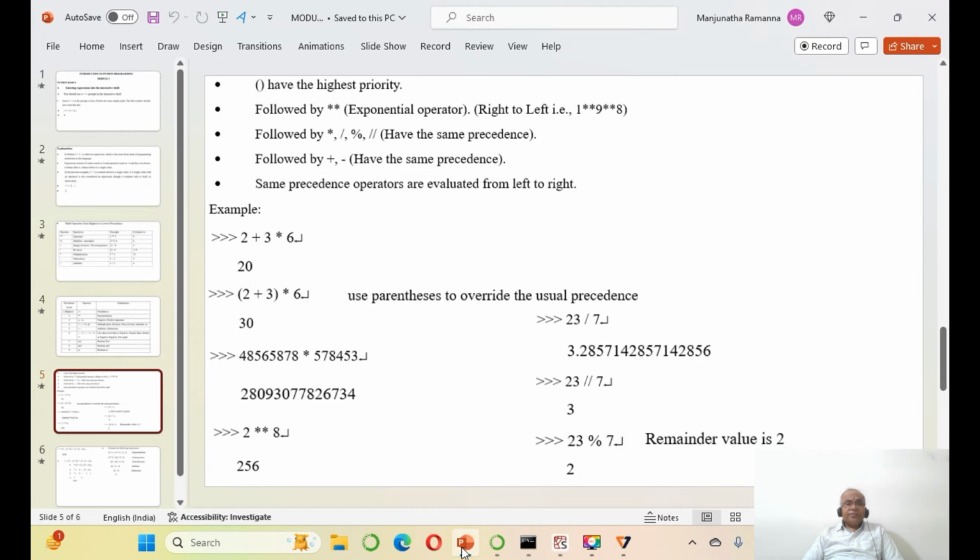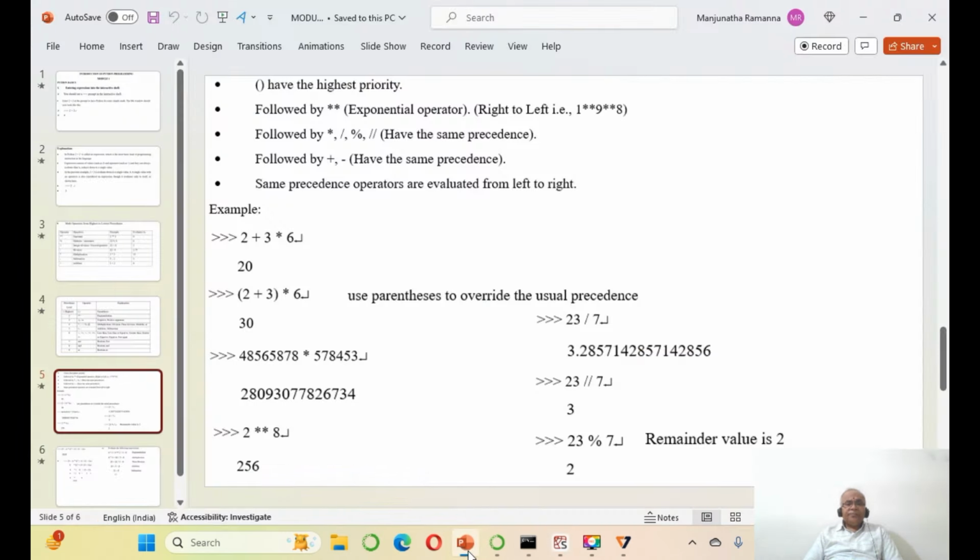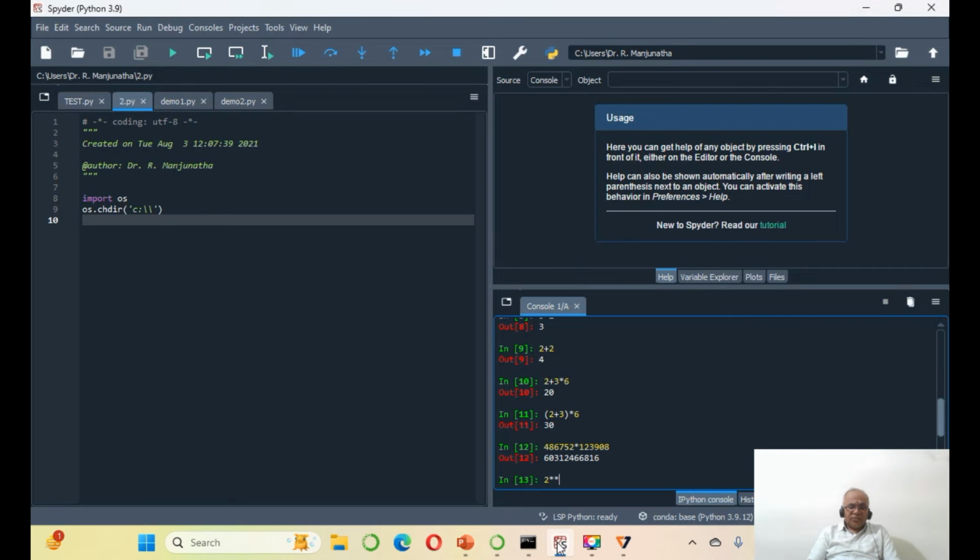Then we have whatever number you want, 485652 multiplied by 123908. Whatever number you give, multiply that, whatever you get will be the output. Then we have 2 exponential 8, which is going to be 256.